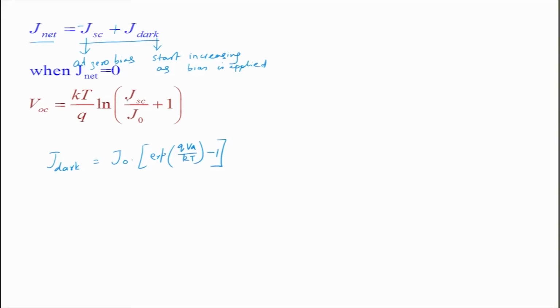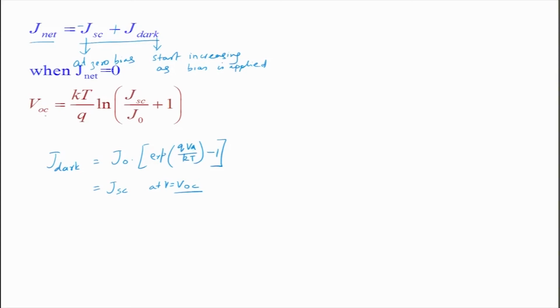Okay. So, when J net is equal to 0, then JSC is equal to J dark, and that is when V is equal to VOC, right. So, if you now make it equal to JSC at V equal to VOC, then I can replace VA with VOC.